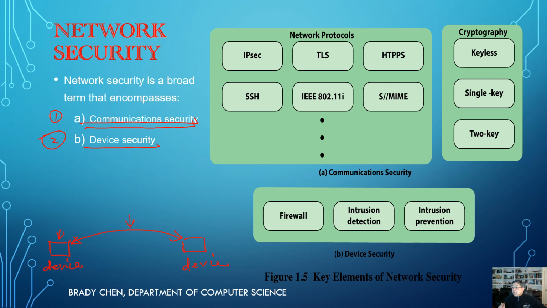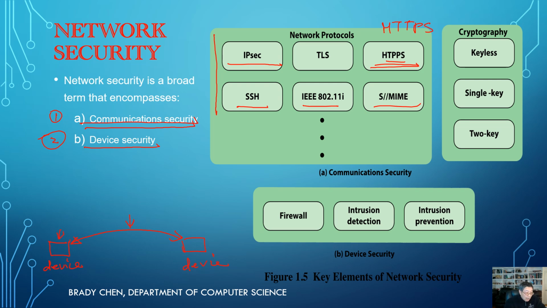So some of the security mechanisms are in the network protocol. These are like IPsec and HTTPS. The secure HTTP is HTTPS. And SSH. So there are various different network protocols.